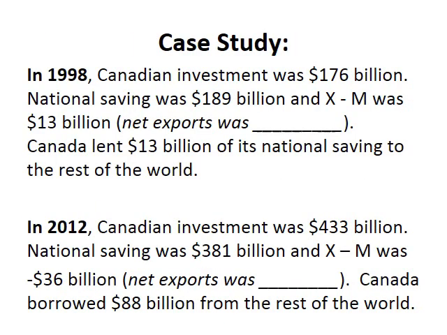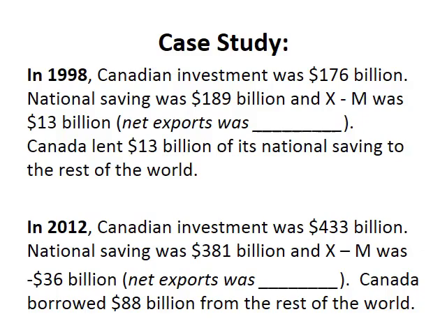So a case study going back to 1998, and the reason we're going so far back is that for decades and decades Canada exported more than we imported. Once we had the financial crisis of 2008, Canada turned around and started importing more than exporting, and we have consistently since.